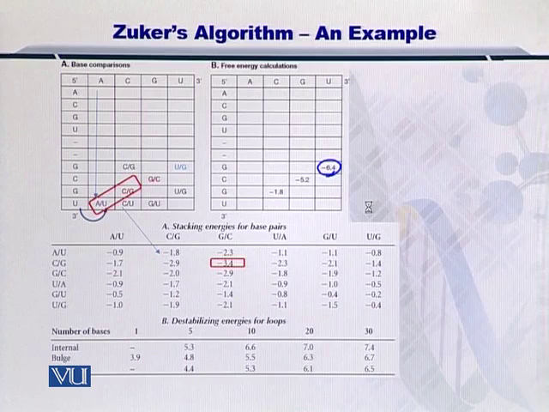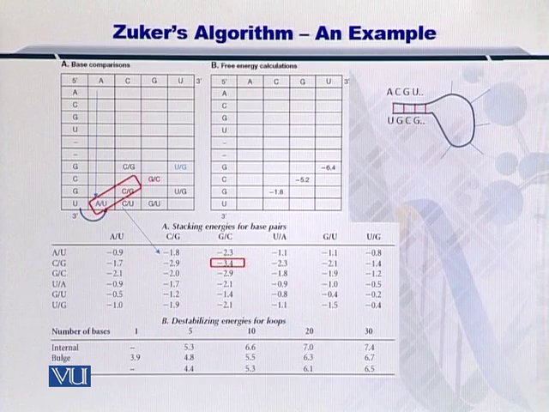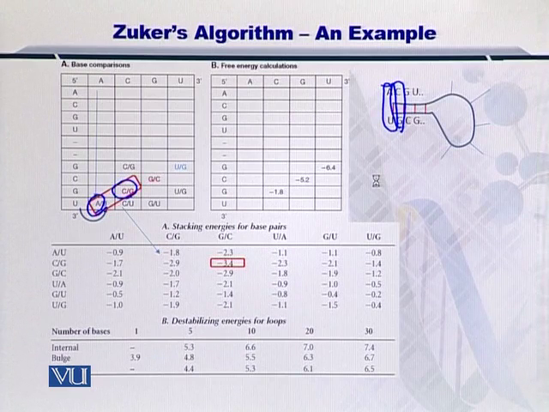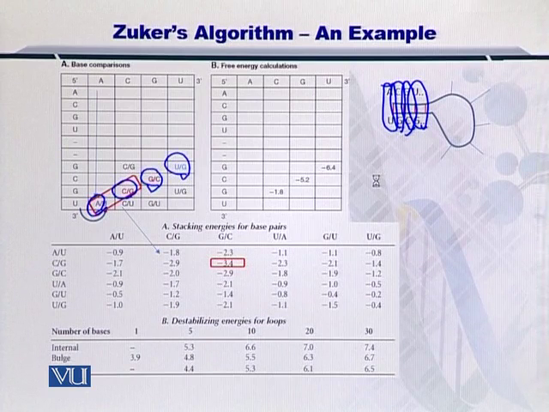If you look carefully at the bottom of this table, there is a destabilizing energy as well that we will use in a moment. So the structure that is formed is A coupled with U here, G coupled with C here, another C coupled with G here, a U coupled with G shown here, and then there are some nucleotides that are uncoupled.